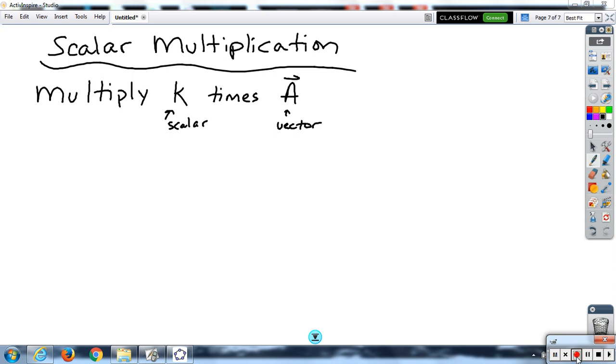So this is called scalar multiplication. That's when we take a scalar, and I'm going to call just our general scalar the letter k, and multiply it to a vector like vector a. So what this does is it changes, first off, the length of the vector.